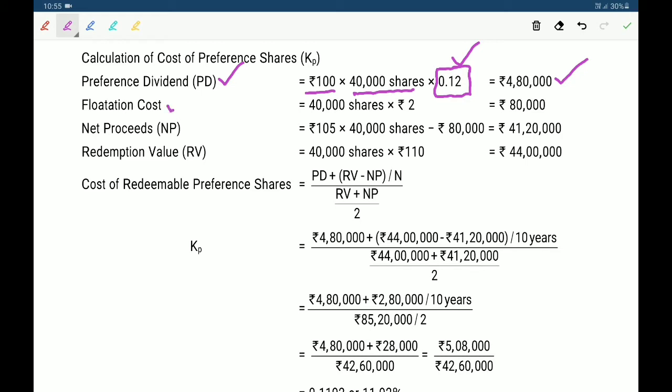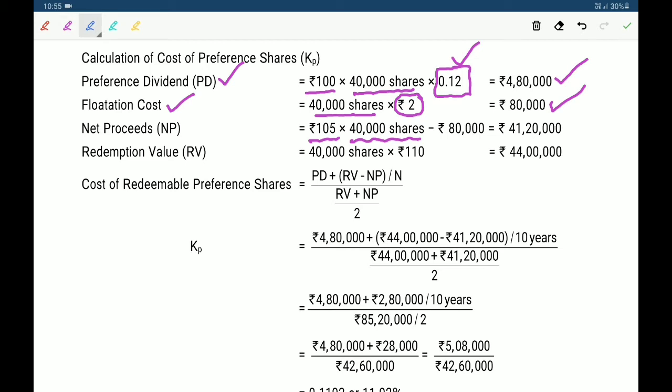Next, flotation cost: 40,000 shares multiplied by 2 rupees per share. Flotation cost is 2 rupees. 40,000 shares, 80,000 rupees. Next, net proceeds: 105 rupees per share. That means 100 rupees face value plus 5 rupees premium, into 40,000 shares.